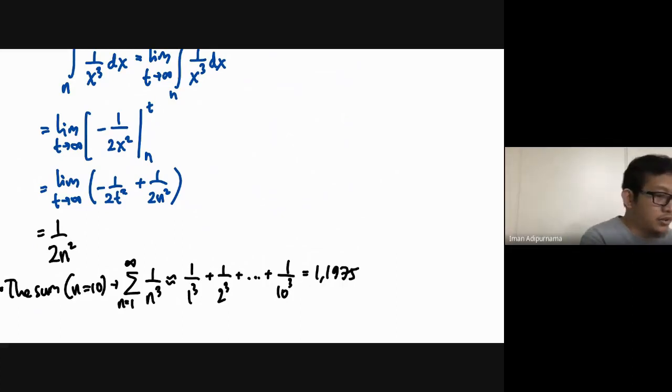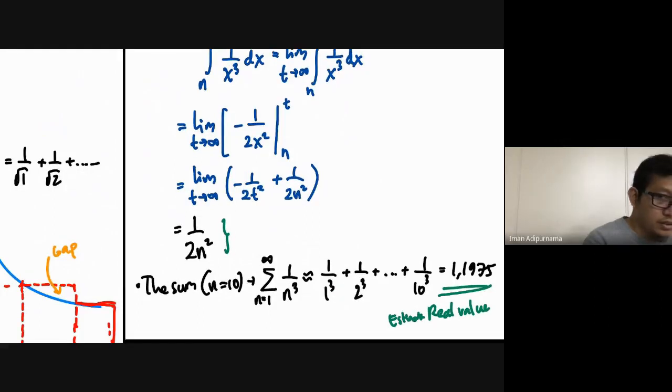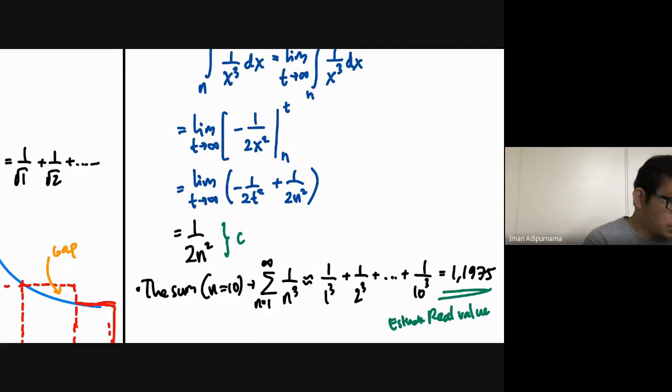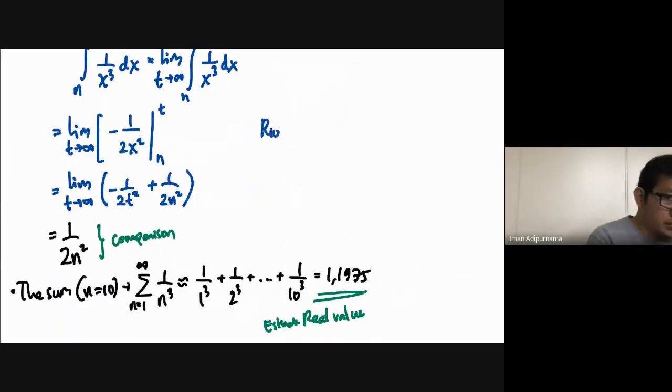Now, this is, let's say, the real value or estimate, and this is what we need for the comparison. So the R10 should be less or equal.